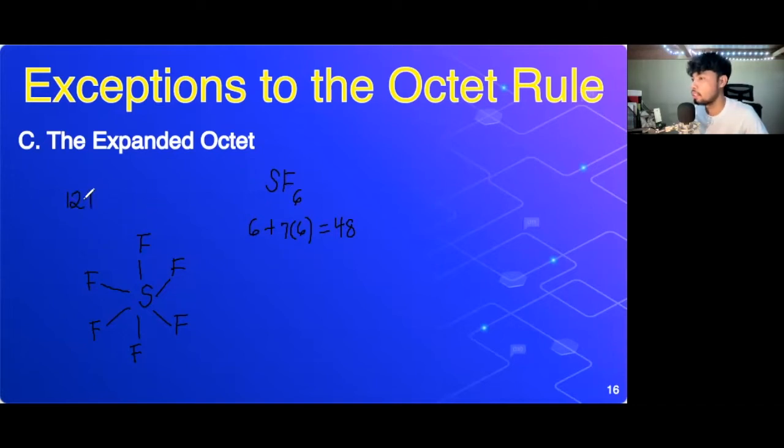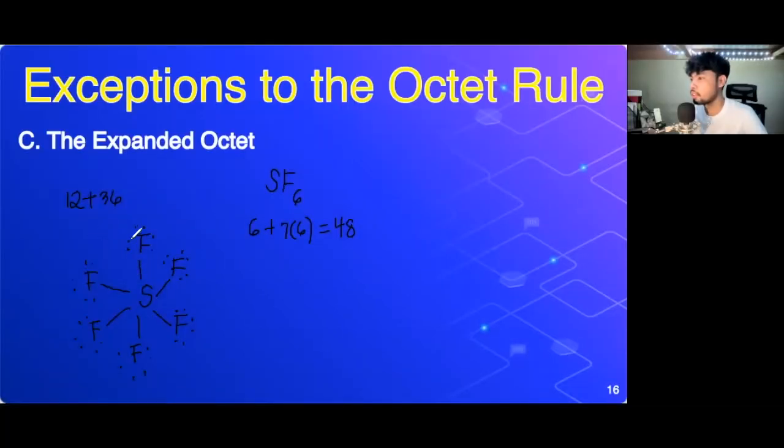So we need to add 36 more electrons in our skeletal structure. Since the fluorine atom has a single bond with the sulfur atom, we just need to add 3 lone pairs for each fluorine atom. And then let's double check the number of electrons for each atom in the SF6 molecule.